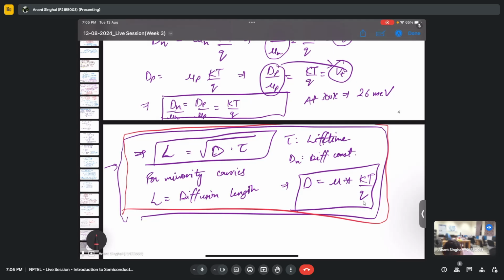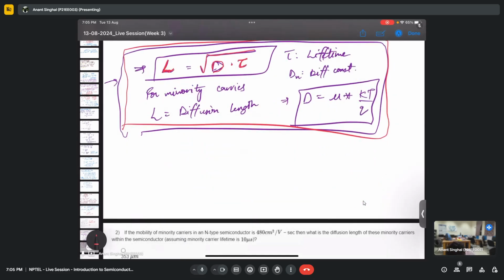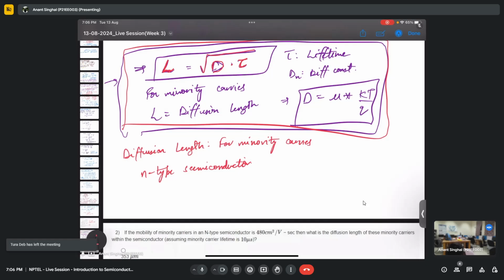Okay, so we have the diffusion length, which is given by the relation square root of the diffusion constant times the lifetime. What I said is we need to calculate it for the minority carrier. So the diffusion length L is always calculated for minority carriers. Let's say we have an N type semiconductor, which has a certain mobility, so it will have a certain diffusion constant Dn.